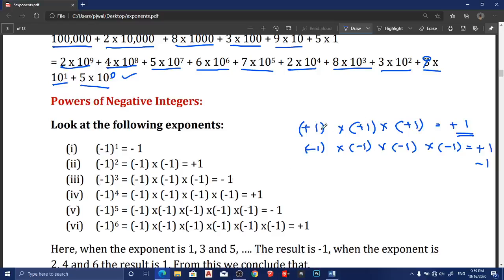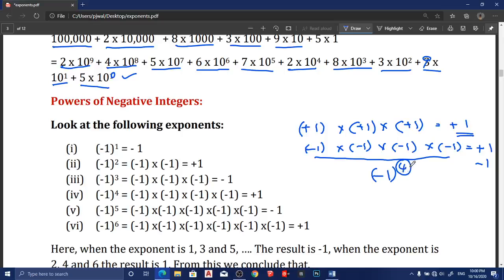You know how to write these numbers in exponential form. Observe here, how many numbers are here? 4 numbers. So this total expression you can simply write as minus 1 raised to the power of 4. Observe, what is this power? This is an even number. Now you can define this.